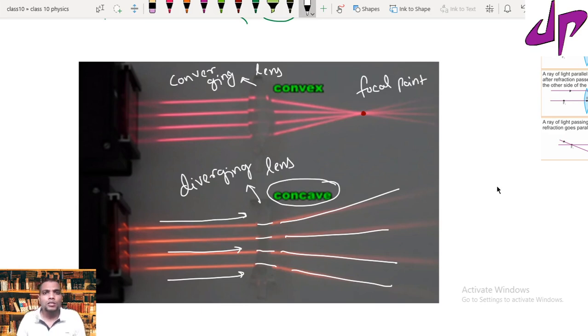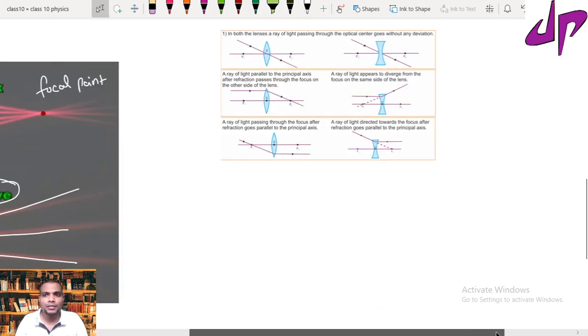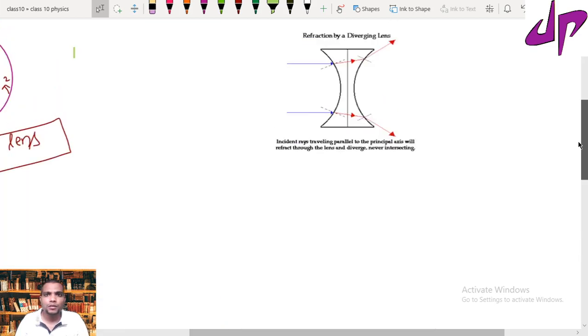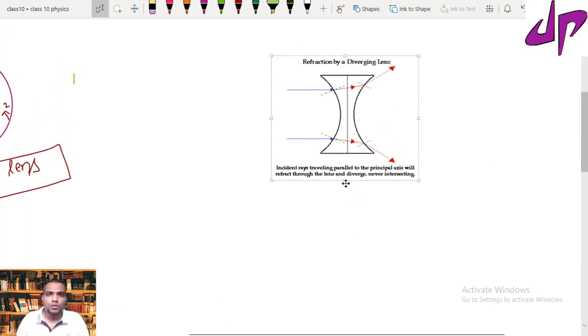So the convex lens is also known as a converging lens and the concave lens as a diverging lens. These two lenses together we know as spherical lenses because they have curvature.